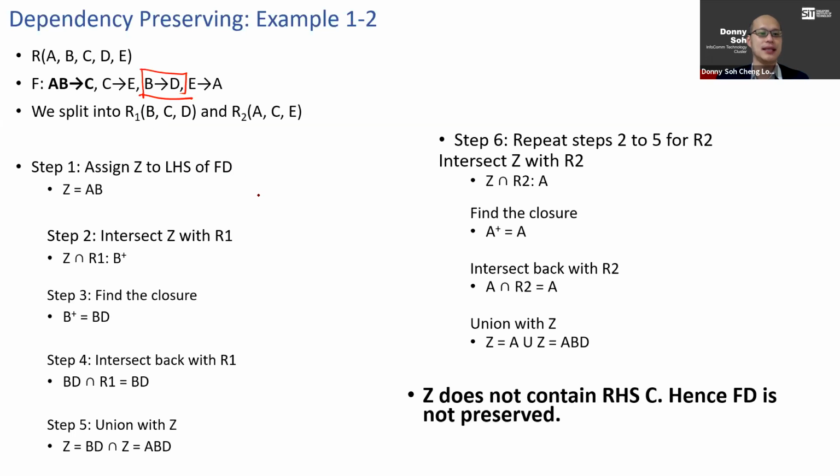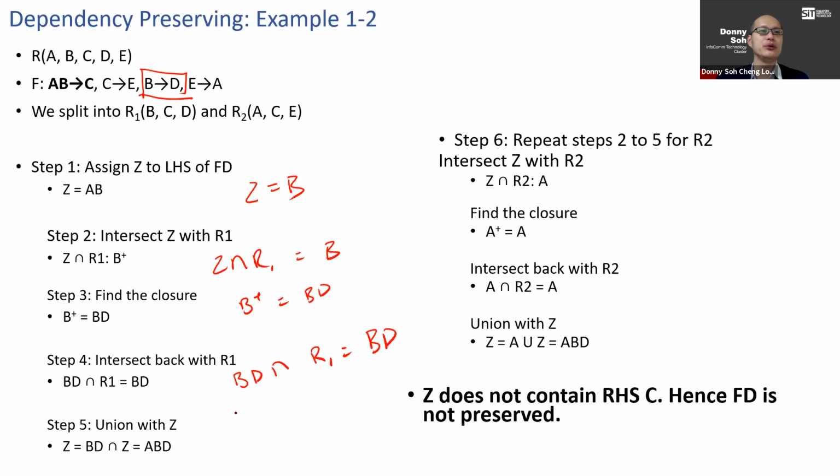So first we set Z to be equal to B. We intersect Z with R1, so Z intersect with R1 is equal to B. We find the closure of B, which is equal to BD. And then after which we will intersect this back with R1, which is equal to BD.